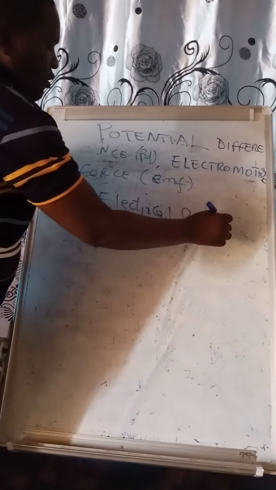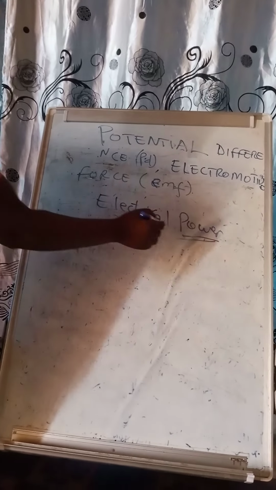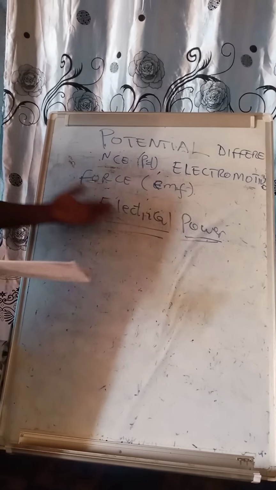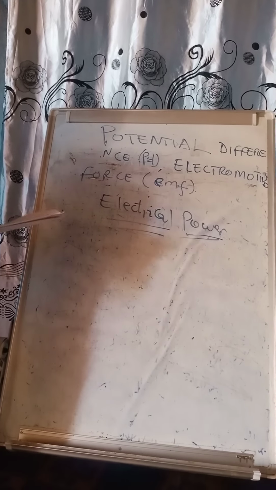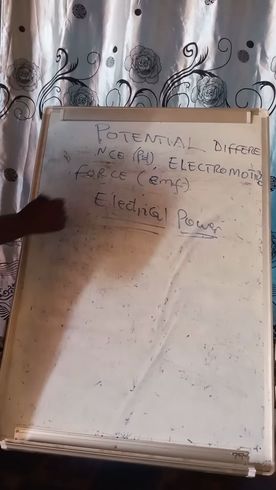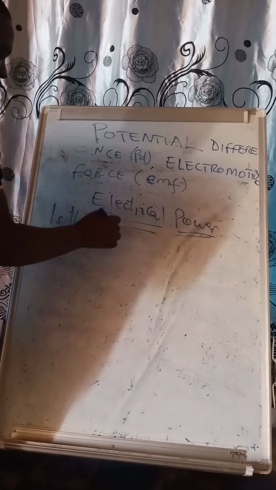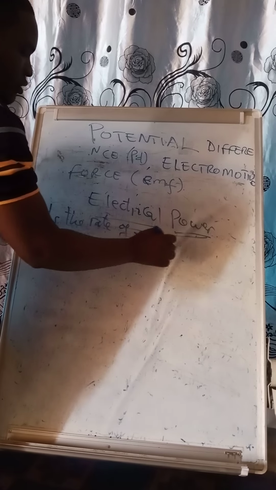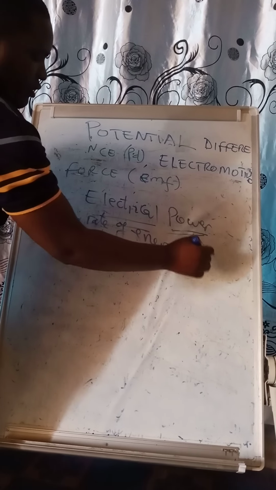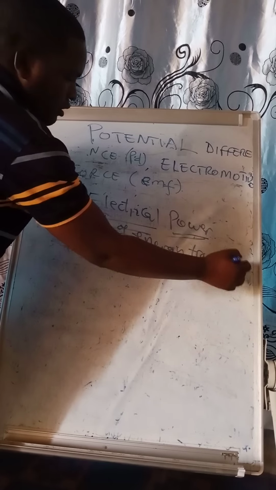Continuing with electrical power. Electrical power, from the definition of power, is the rate of energy transferred.